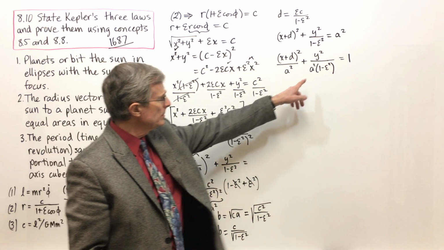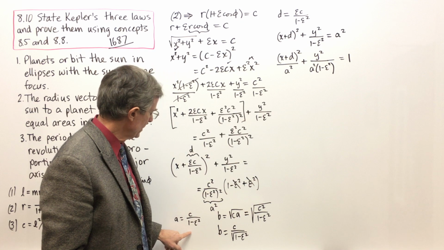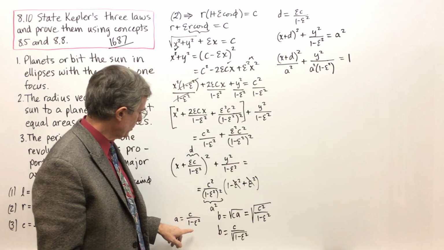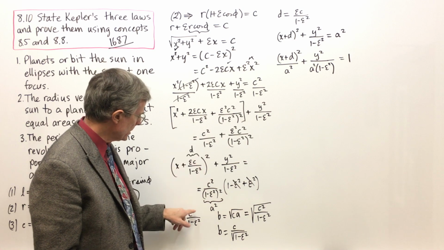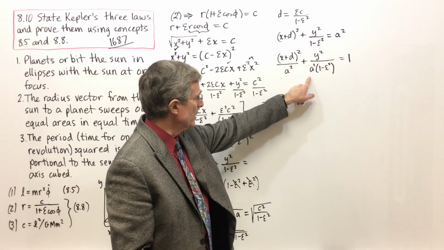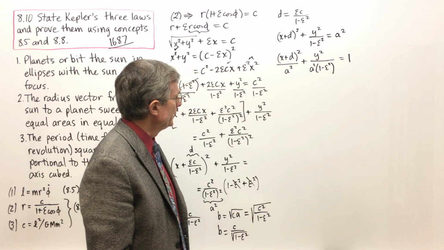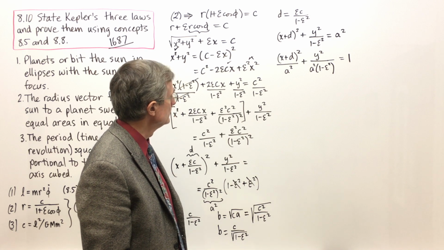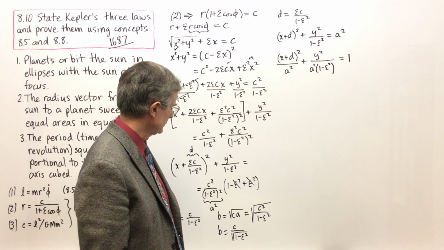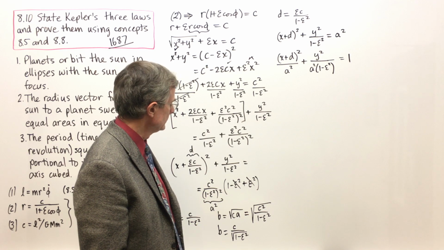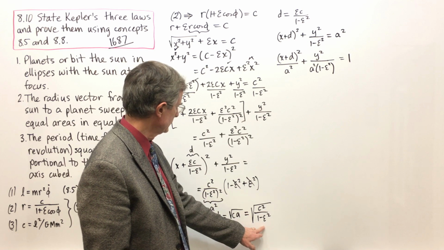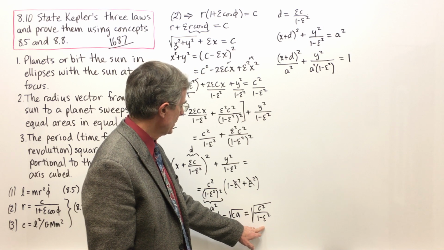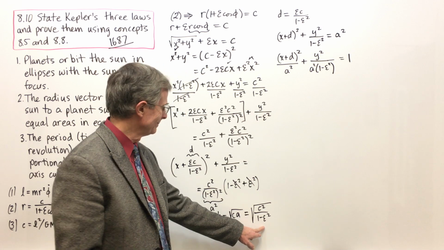So if you substitute that in here, you'll have c squared over a squared is c squared over 1 minus epsilon squared. And that's b squared, right there.